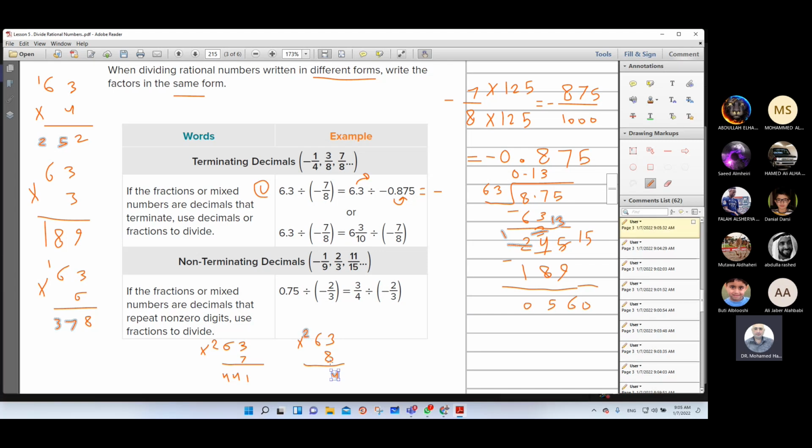And 8 times 6 will be 48. Plus 2 will be 50. So 504. This is the closest number. And you can write here 8.